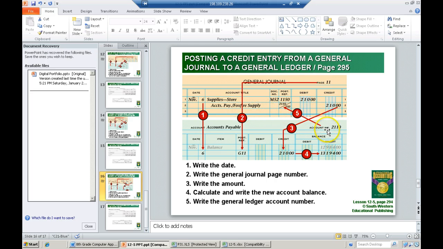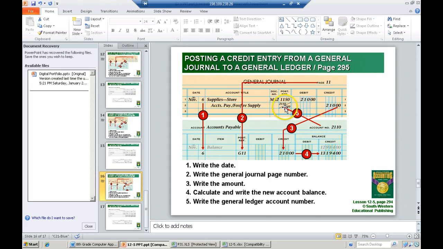Once we've posted it to the ledger, we want to go back to the journal and make sure that these numbers are posted to the general journal, or any journal for that matter, to prove that we posted it to the ledger. This is to double check our numbers, and if anyone else in our company or business is looking at our documents, it proves that those have been posted.